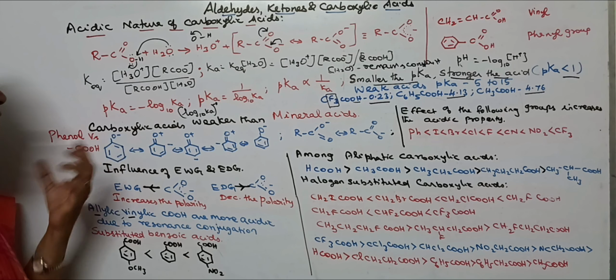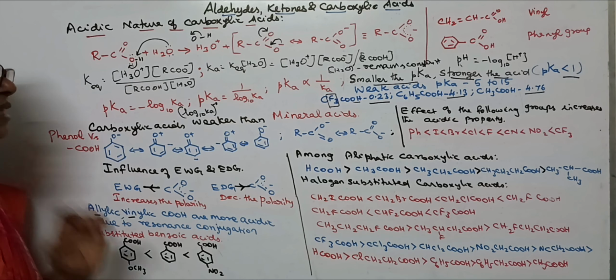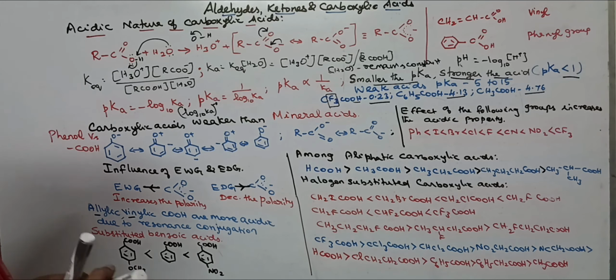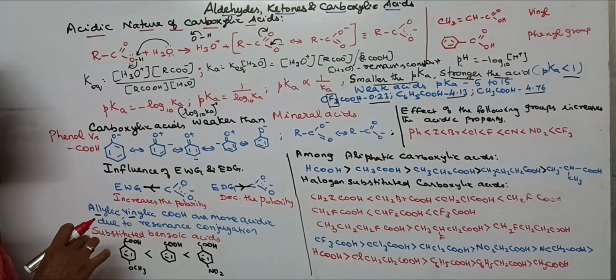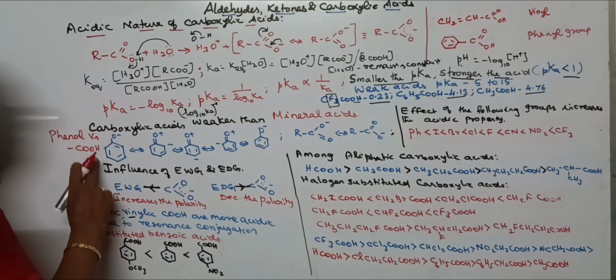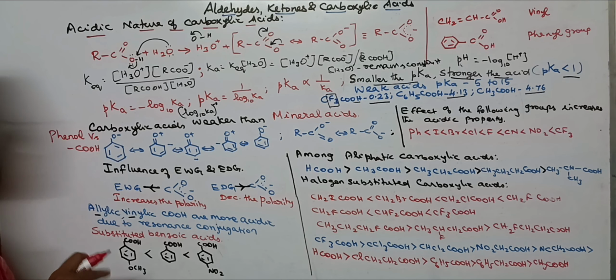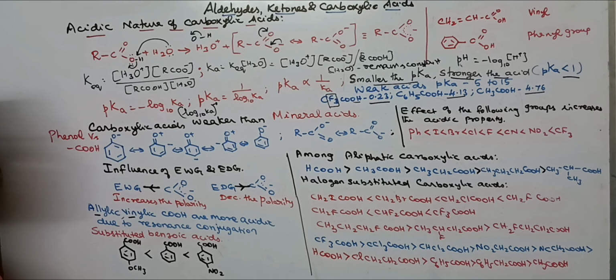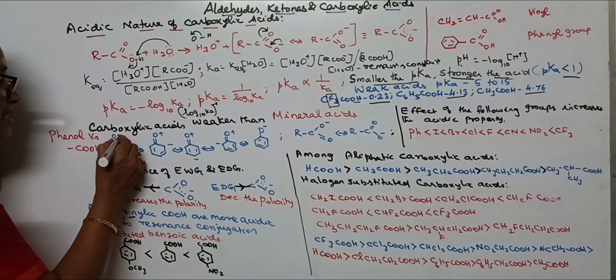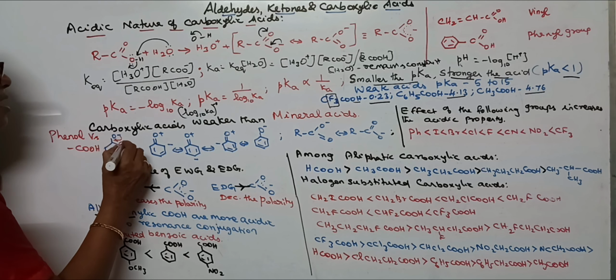So here I have taken only the phenoxide ion. Let us write the resonating structures of the phenoxide ion. This oxygen has a negative charge, but the electron density of the benzene ring is much greater, so it is more electronegative than oxygen, and hence this ring withdraws the electron.